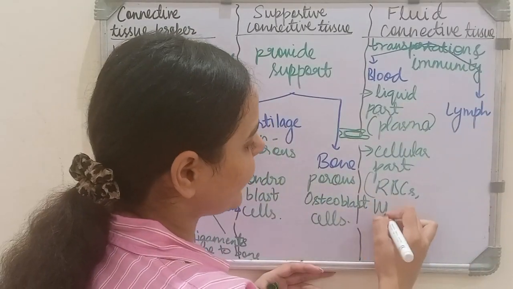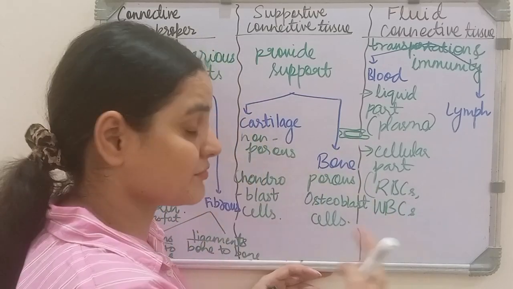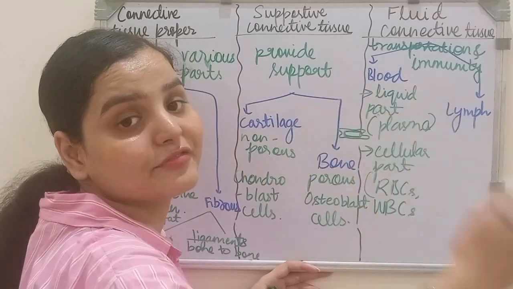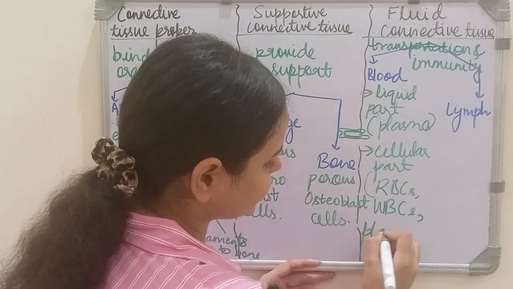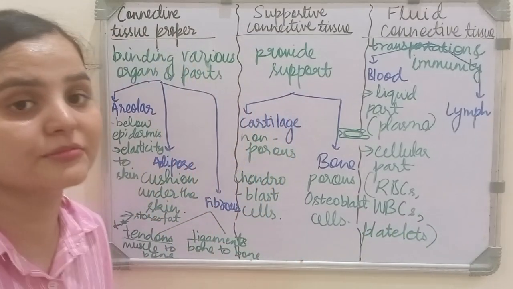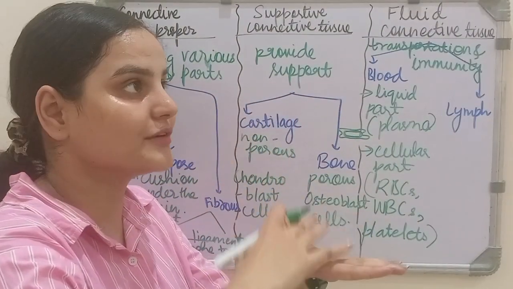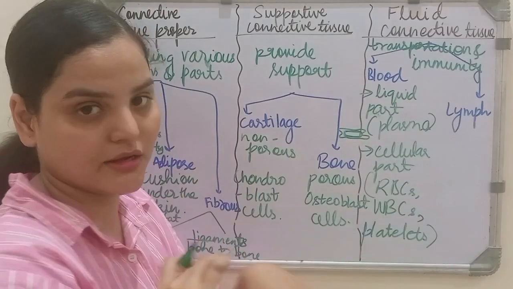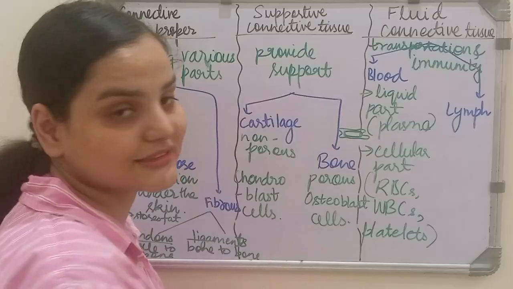It consists of white blood cells, WBCs, which help in providing immunity and fighting germs. And it also consists of platelets. They help in clotting of the blood. If you get hurt somewhere, after some time blood will stop coming out from that part. That is because of the clot that is formed due to these platelets.